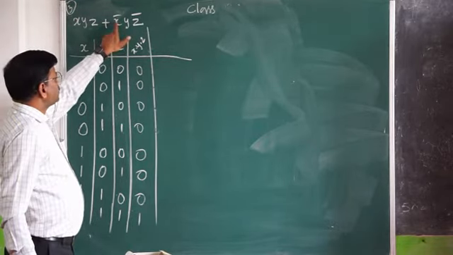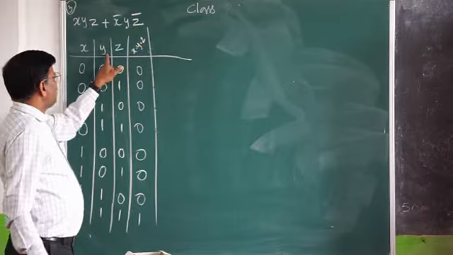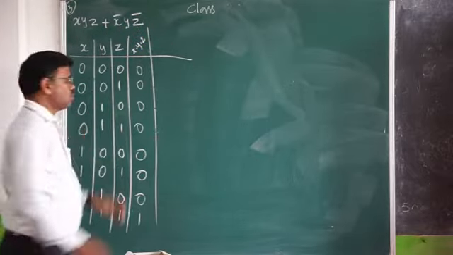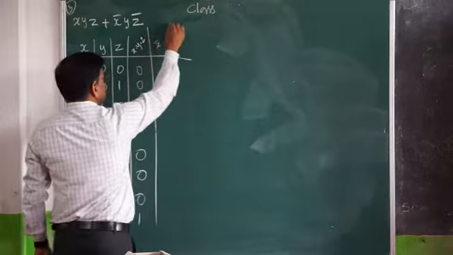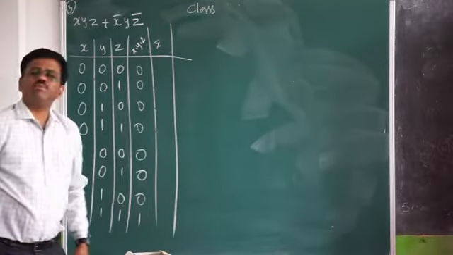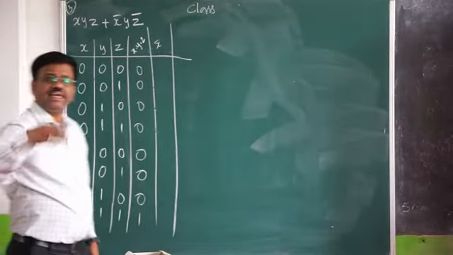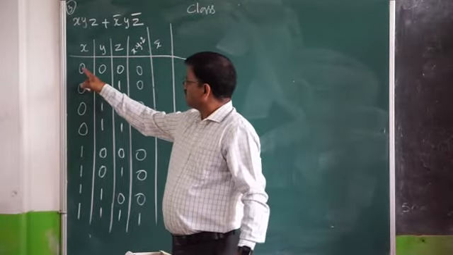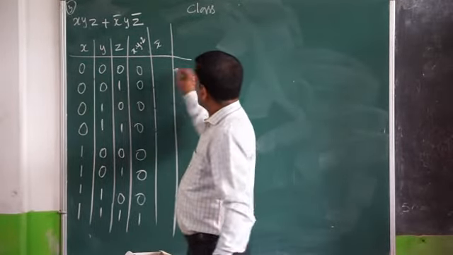To find x complement into y into z complement, do you have x complement and z complement? No. Let's find out. What is x complement? Opposite of x, inverted x. 0 becomes 1.